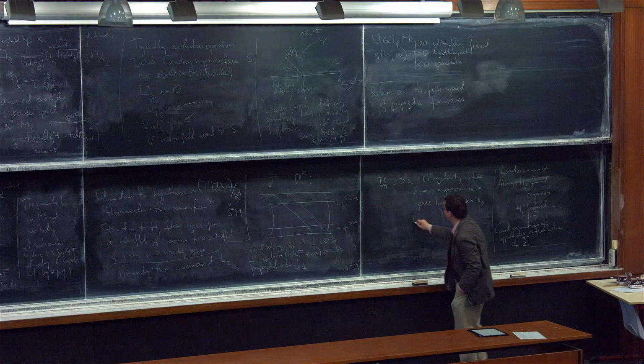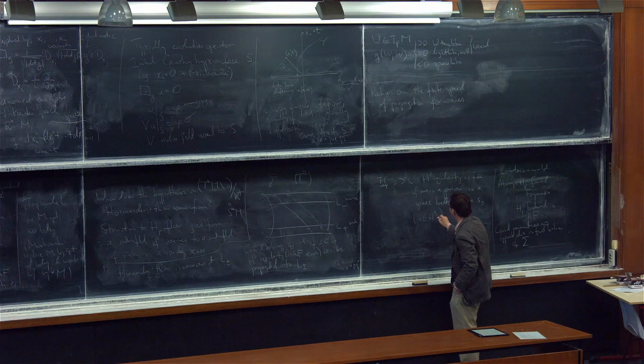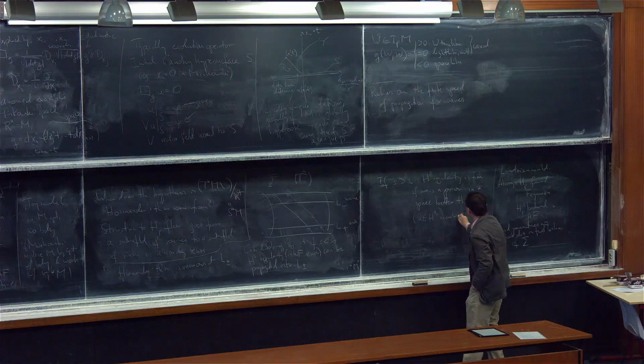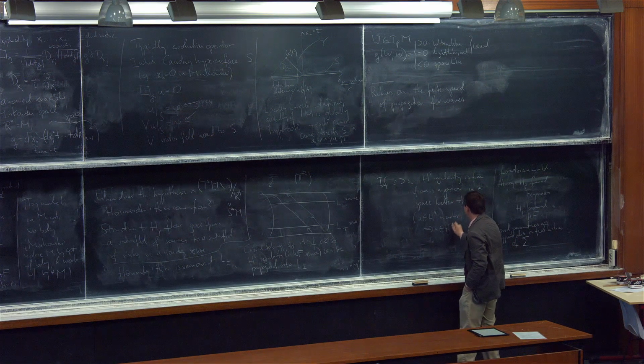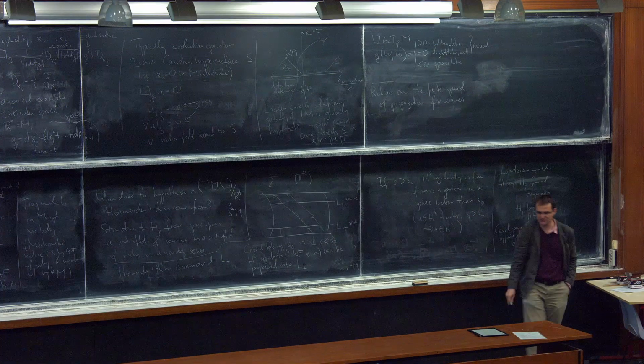So say you have U in HS1 microlocally, where S1 is better than S0, this implies that U is in HS, where S can be a trillion, so much bigger than S1.